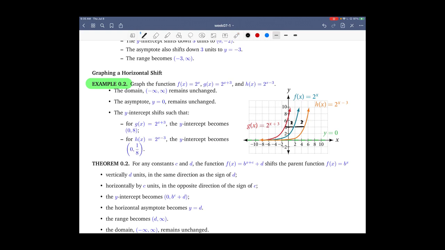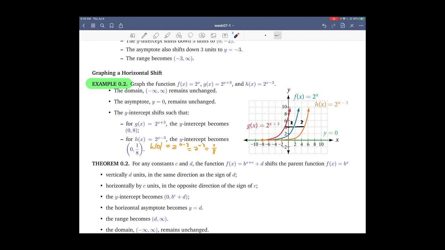And we can easily see that because the orange curve h computed at 0 will have the value 2 to the power 0 minus 3, which is 2 to the power negative 3, and that is 1/8. So indeed, 0, 1/8 is the y-intercept for this orange curve.